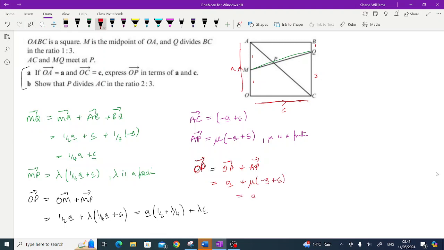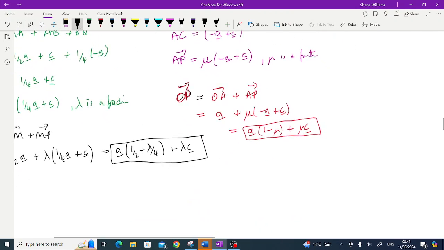If I collect together my A's here, I get 1 minus mu, and I collect together my C's, I get mu lots of C. Now these things are both equal to OP, so they should be equal to each other. If two vector expressions like that are equal, it means you've got the same number of A's, in other words a half plus lambda over 4 should equal 1 minus mu, and you've got the same number of C's, so lambda equals mu.